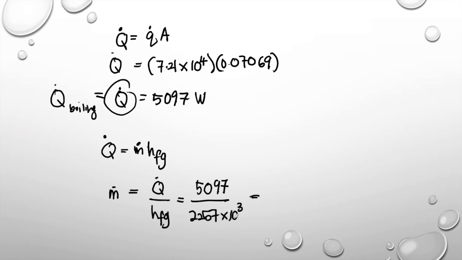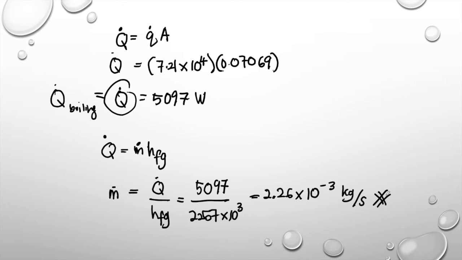Please make sure the units are the same so they cancel out; if not, change them first. You will get 2.26 times 10 to the power of minus 3 kilogram per second. So this is the rate of evaporation, and you have answered the question.